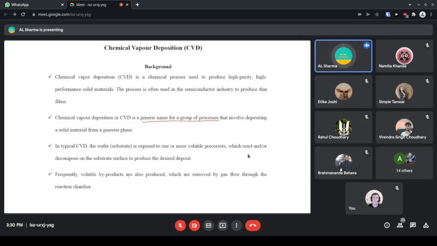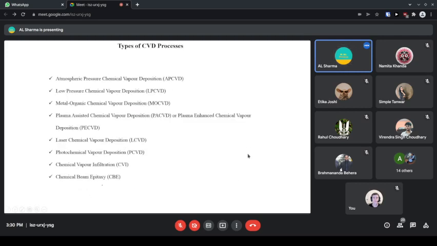Frequently, volatile byproducts are also produced, which are removed by gas flow through the reaction chamber. On the basis of the way you flow these reactive precursors, the nomenclature of CVD techniques changes.